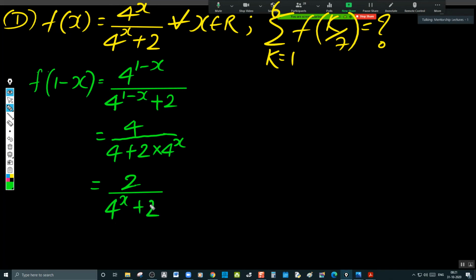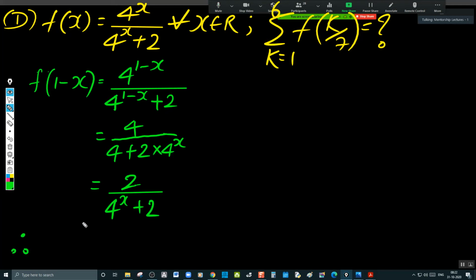So this is such a function, you can see the denominator split into the numerators like this. Denominator is 4 power x plus 2. For the first function, numerator is 4 power x. For the second function, numerator is 2. The denominator's terms are very much present in the numerator.